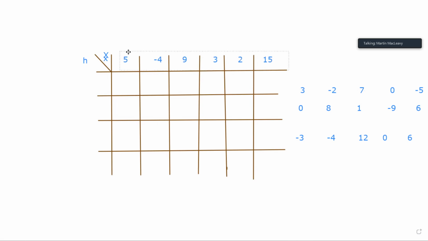All right, so I'm going to choose this as my X, and I'm just going to see if I can insert that.